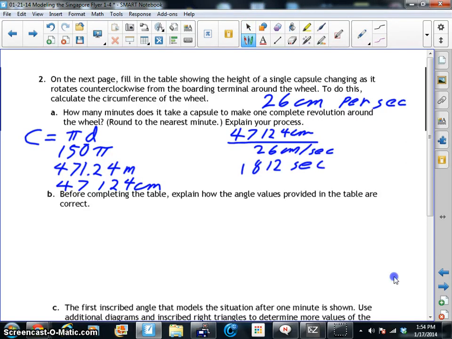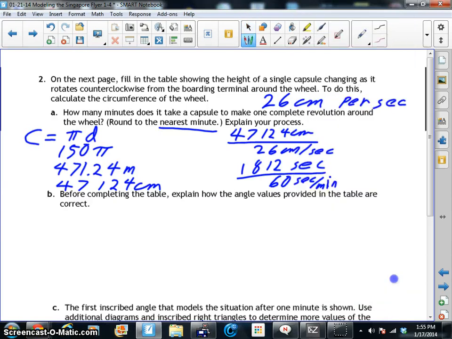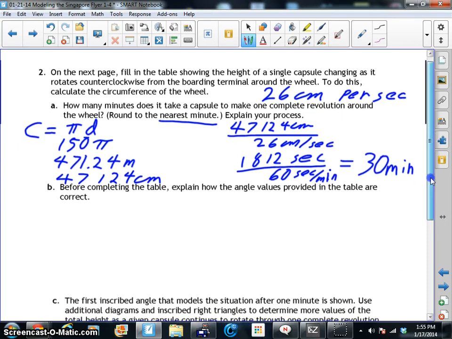But we need to go ahead and put this in terms of minutes because they're asking for the nearest minute. So we divide that by 60 seconds per minute. So divided by 60, that gives us 30.2, which is basically 30 minutes, since that's the nearest minute.